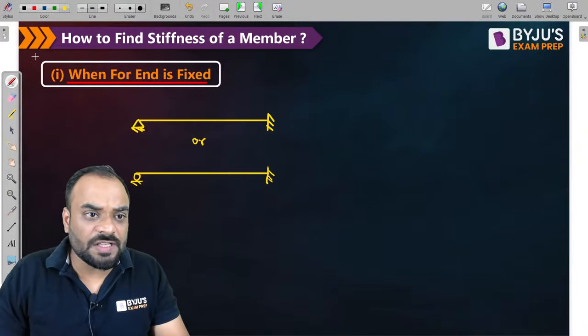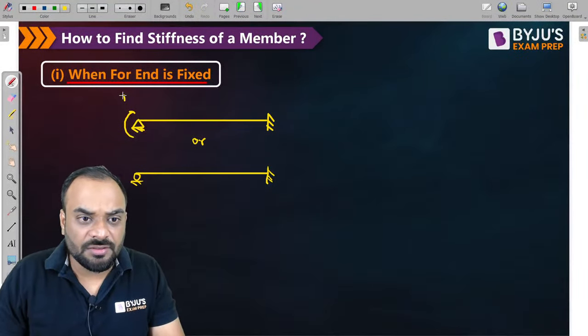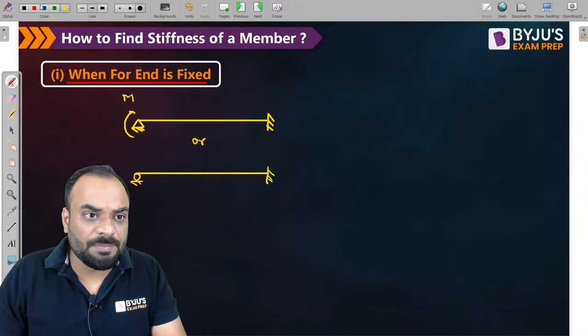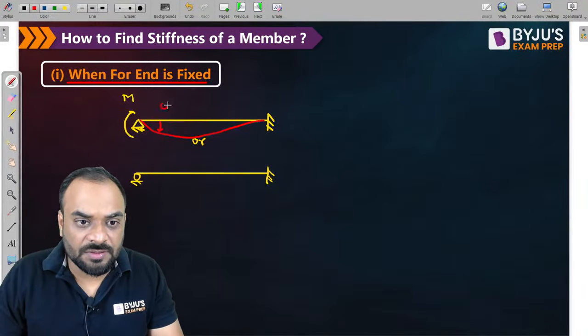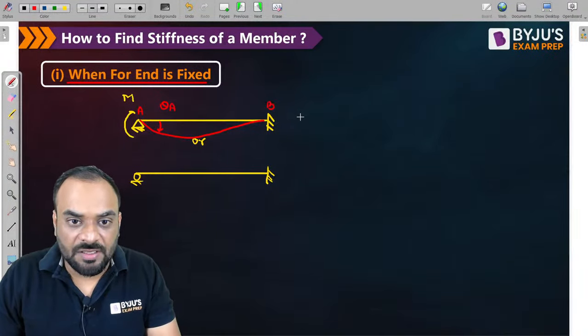Okay. Now let us suppose I am applying a certain moment M at the near end, so our beam is trying to deflect in this way. Correct? So this value is theta A. This is A, this one is B, and this end is basically our fixed support.